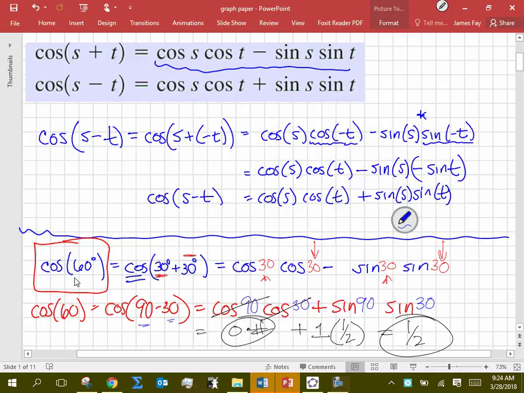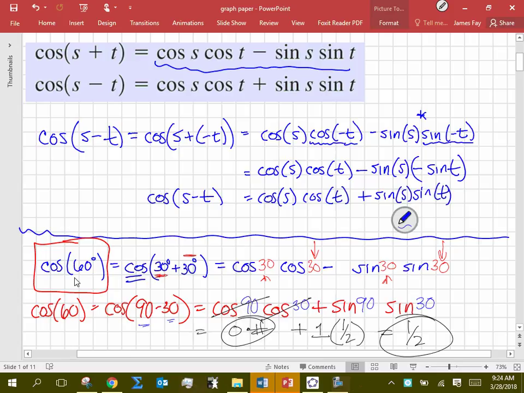I like to use the smaller ones if possible. So for instance, if they ask me what is the cosine of 15 degrees, I'm going to try to use 45 and 30. I don't want to use, I don't know, 135 and 120. Does that make sense? Okay. They still subtract getting 15, but 45 and 30 are a little bit easier to deal with.